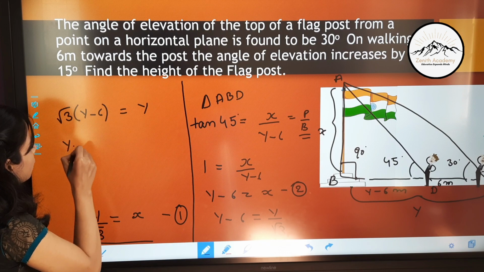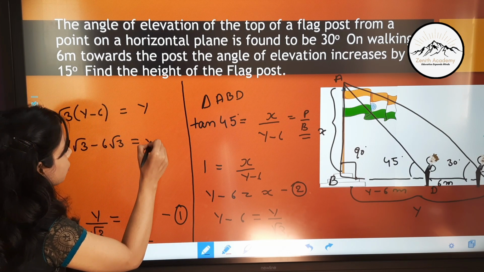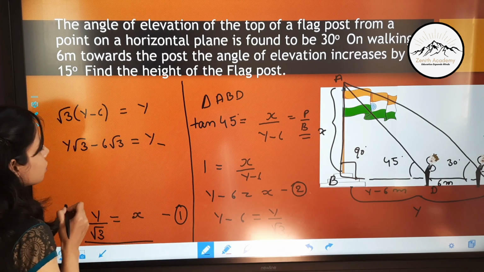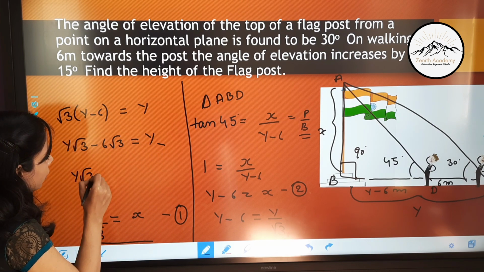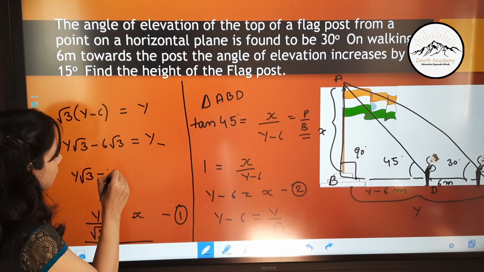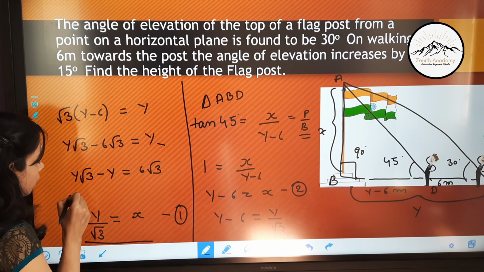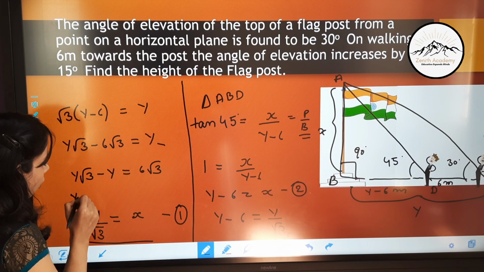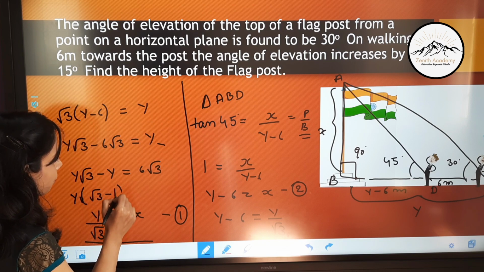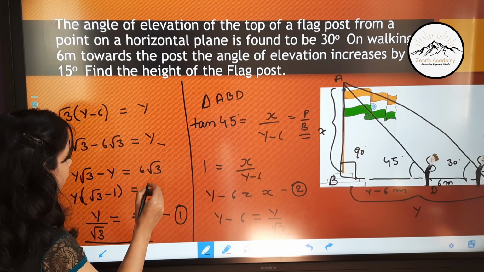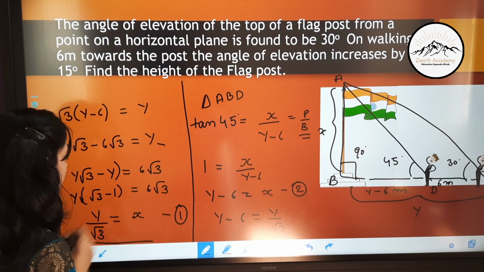Now open the bracket, multiply: y root 3 minus 6 root 3 is equal to y. So now shifting on the other side, y root 3 minus y is equal to 6 root 3. Take y common: y into root 3 minus 1 is equal to 6 root 3.